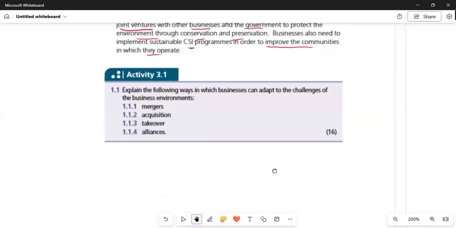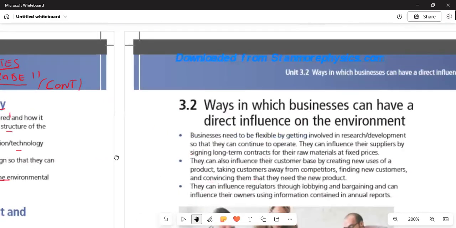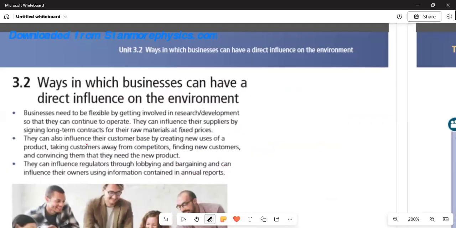Now we come to ways in which business can have a direct influence on the environment. As mentioned above, the business needs to investigate alternative environmental production techniques and create environmental awareness.